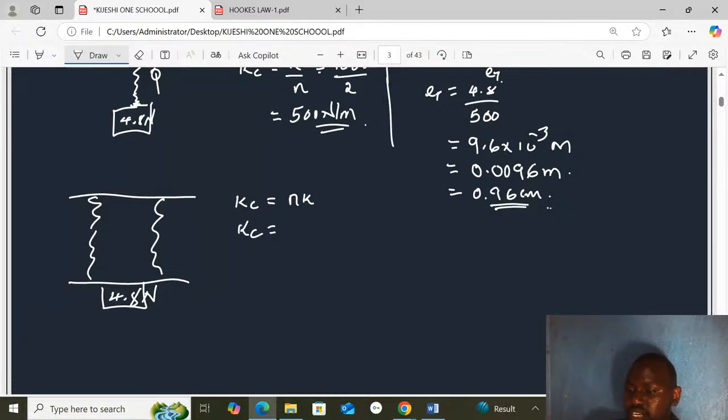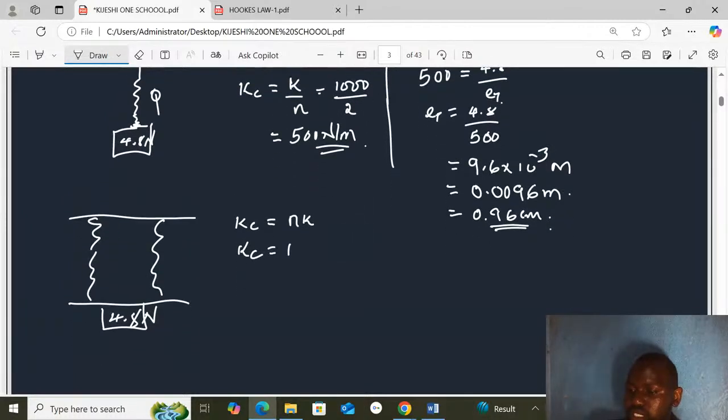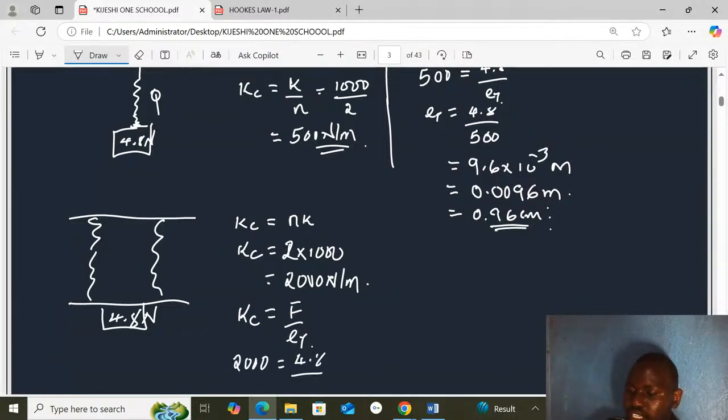Therefore, Kc here will be 2 times 1000, and this is 2000 newton per meter. Therefore, Kc is same as force over E total. And this one we say 2000 is equal to force of 4.8 divided by E total.